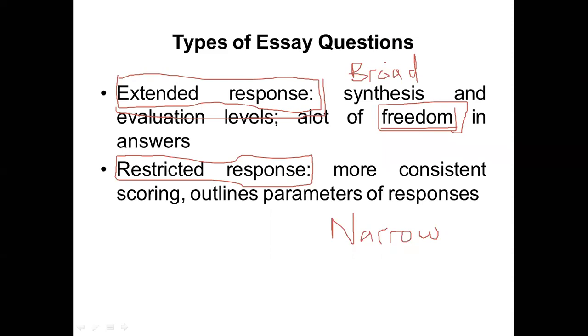Compare, for instance, if you are given a question like compare input and output device in terms of benefits to a computer. So you try to bring out the benefits of input devices. You also try to bring out the benefits of output device to a computing system.